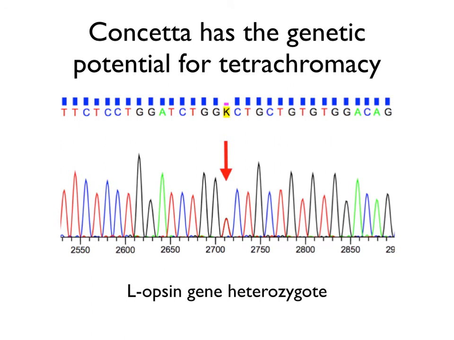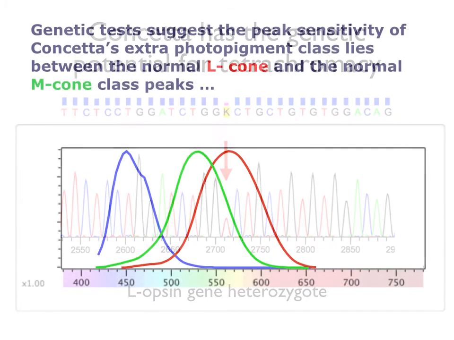In case you were not already aware, you may find this exciting. According to tests carried out by a leading independent laboratory conducting research on photopigment opsin genes, Concetta Antico possesses the genetic building blocks needed for perceptual tetrachromacy. She has what's called an X chromosome-linked polymorphism.